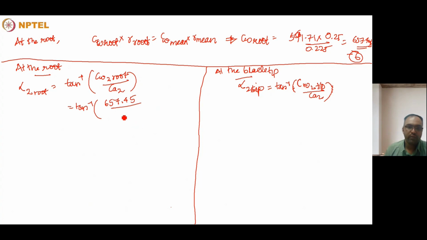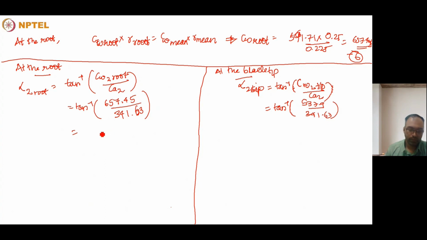And the axial component will be CA cos alpha. So that will be 341.663. Similarly, at the blade tip, it will be 537.9 divided by 341.63.